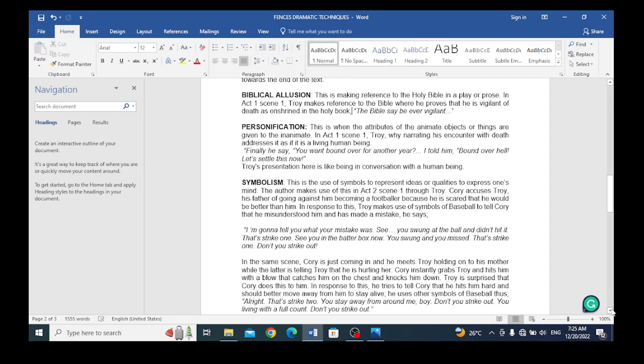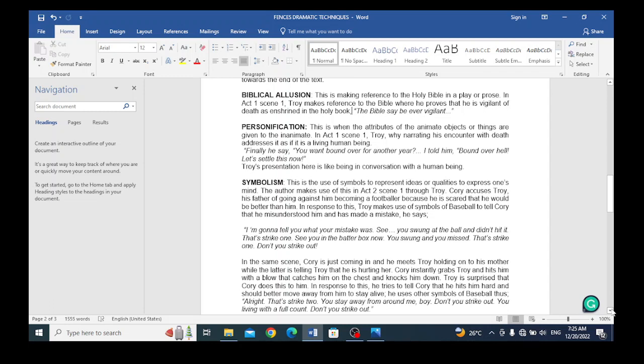There's the use of symbolism. This is the use of symbols to represent ideas or qualities to express one's mind. The author makes use of this in Act 2, Scene 1 through Troy. Corey accuses Troy, his father, of going against him becoming a footballer because he is scared that he will be better than him.